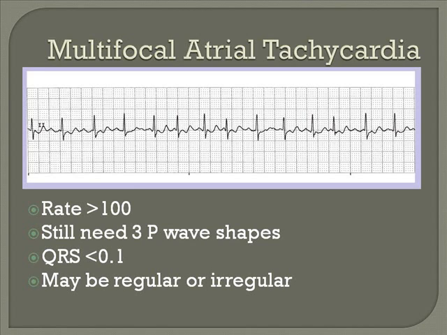Now, I suppose you could call it a wandering atrial pacemaker tachycardia, but the technical name for it is multifocal atrial tachycardia. Just like the last one, we still need the 3 different P waves. We still need a narrow QRS, and again, it can be regular or irregular.